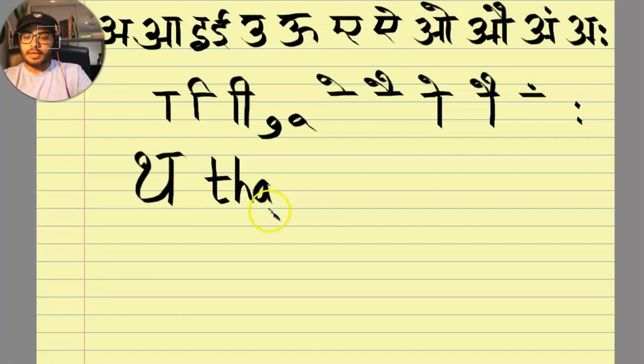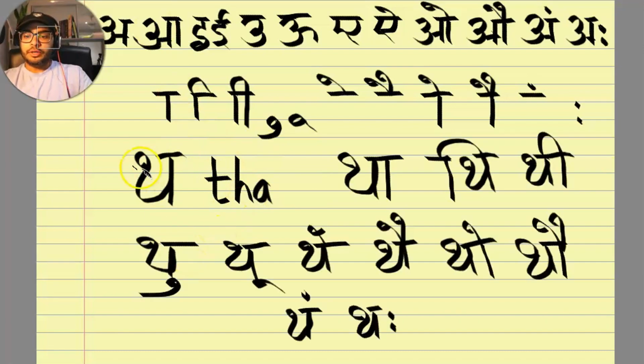When you're saying thank you. And a word in Nepali that uses this sound would be something like thakai or thakan. That basically means tiredness. The Barakhari for this sound would be tha, tha, thi, thi, thu, thu, the, thai, tho, thau, thum, thah.